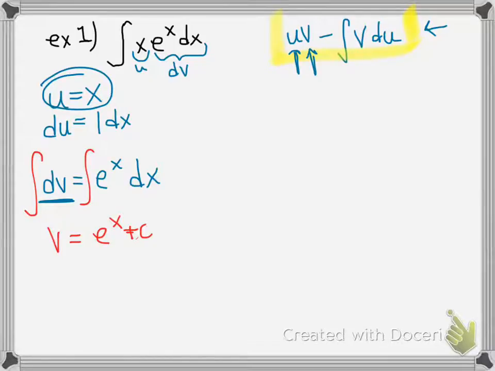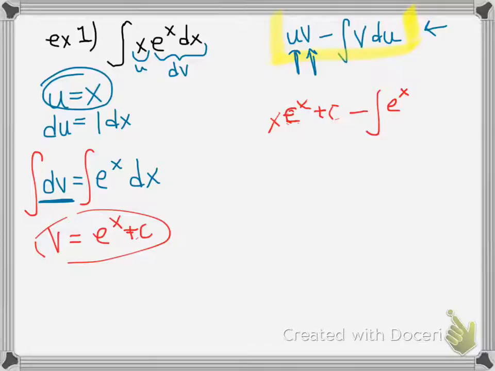So I put it into my formula because now I have v. So uv, where u is x and v is e to the x plus c, minus the integral of e to the x, and then du is dx.